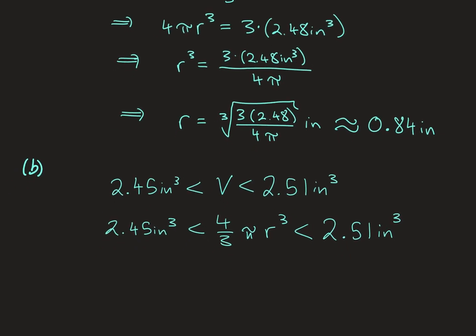And then solve for r. So I can multiply through this entire equation by 3/4 times pi. The pi is in the denominator. 3 divided by 4 pi. And let's do that.